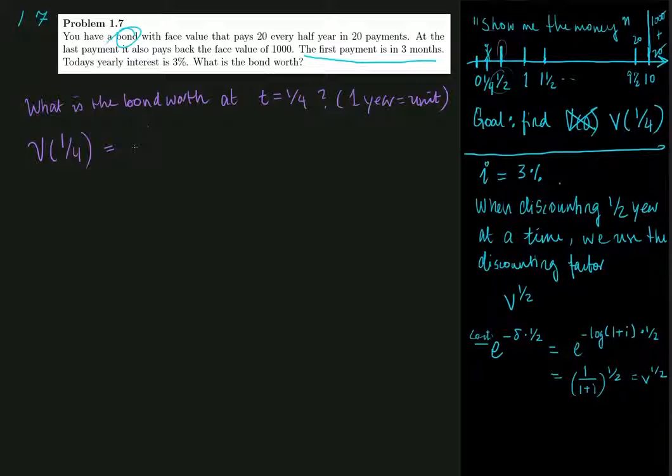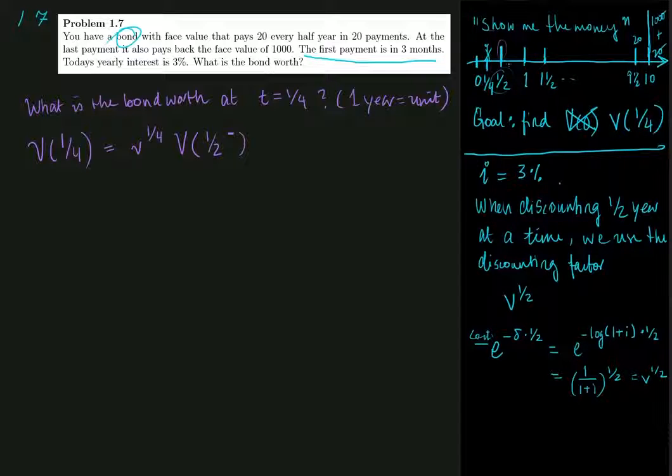So what does that mean? Well, that means that the present value at time 1/4 is equal to the discount factor to the 1/4 power multiplied by the present value at time 1/2, including the payment at time 1/2. And we denote that normally by a minus, because normally when we consider the present value of future payments, when we consider that using v, we mean the future payments without the payment at the time we're standing at.